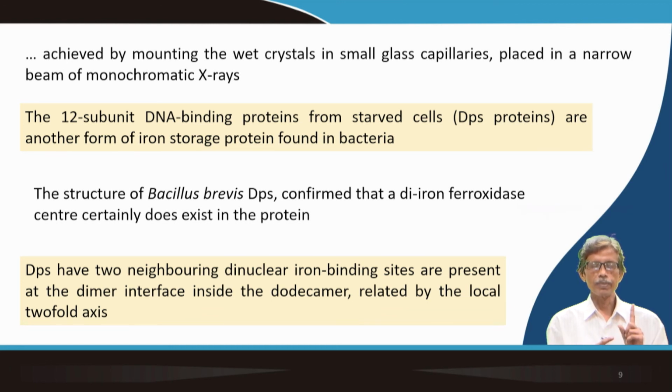The axis of symmetry or the plane of symmetry, all these things basically guide us to determine the structure for the unit cell only. Once you get the structure of the unit cell, you can replicate it with respect to that particular crystal symmetry, the crystallographic symmetry we call, to generate the entire structure.